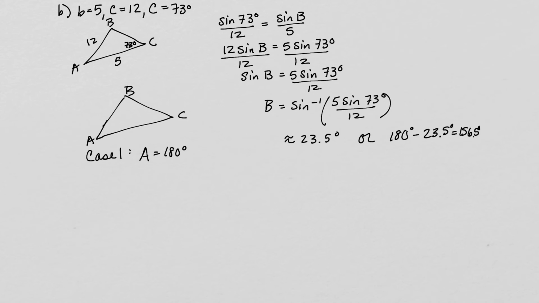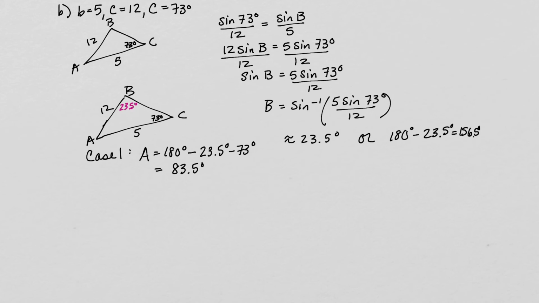A, B, C. We know this is 5, this is 12, this is 73 degrees. And we're going to do that first case where B is 23.5 degrees. So to find A, we're going to take 180 minus 23.5 degrees minus 73 degrees. And if we do that, we end up with A being 83.5 degrees.